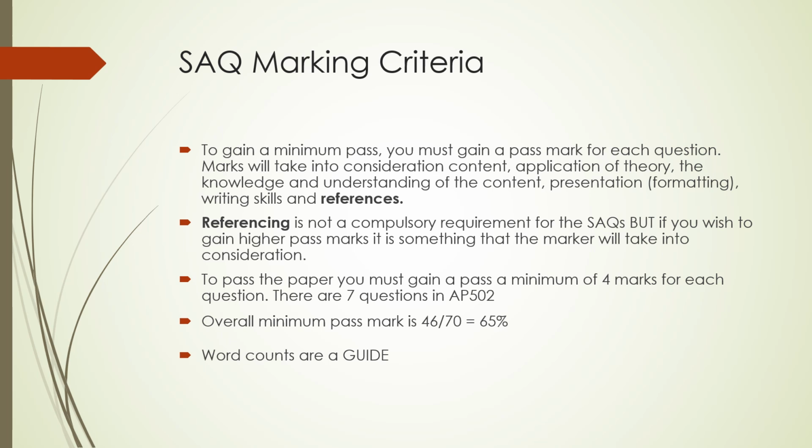And to gain the minimum pass mark for the whole paper, you have to get 46 out of 70. Now, thinking about that, a minimum pass mark for each question is 4 marks. If you only get 4 marks for 7 questions, that will not add up to the minimum 46 out of 70. It means that the paper as a whole is too low.